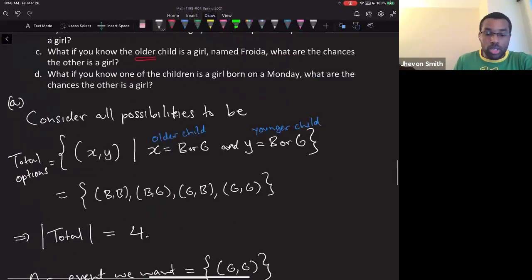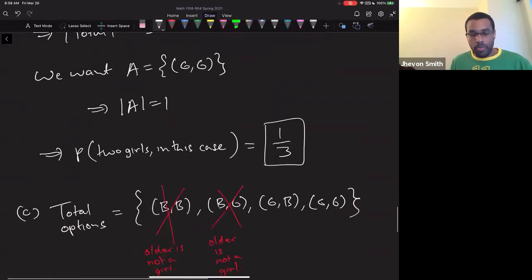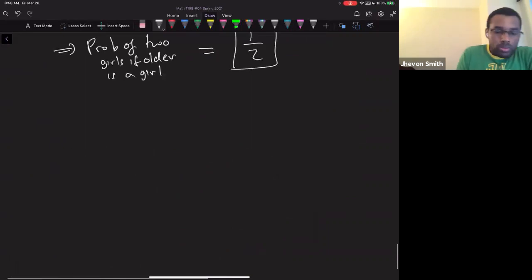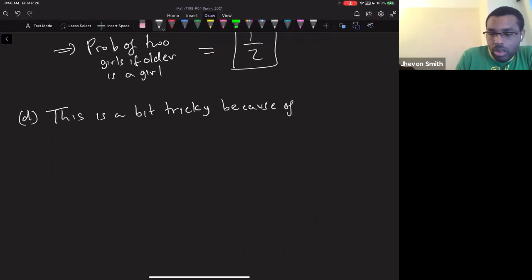Now, the solution to the last part is going to segue nicely into what I actually want to talk about today, so I'm going to talk about the solution there. See, this one is a bit tricky, so you have to be careful, because of possible overlaps. And you'll see what I'm talking about soon.